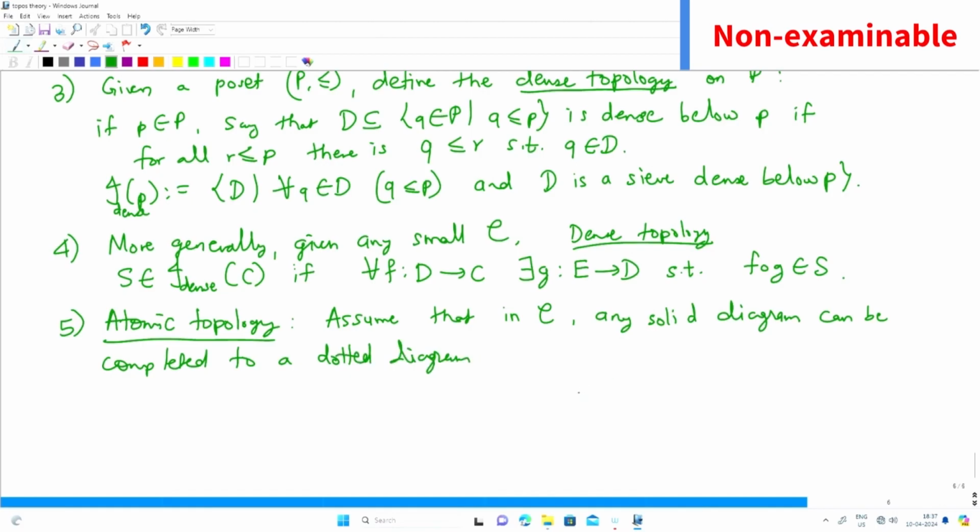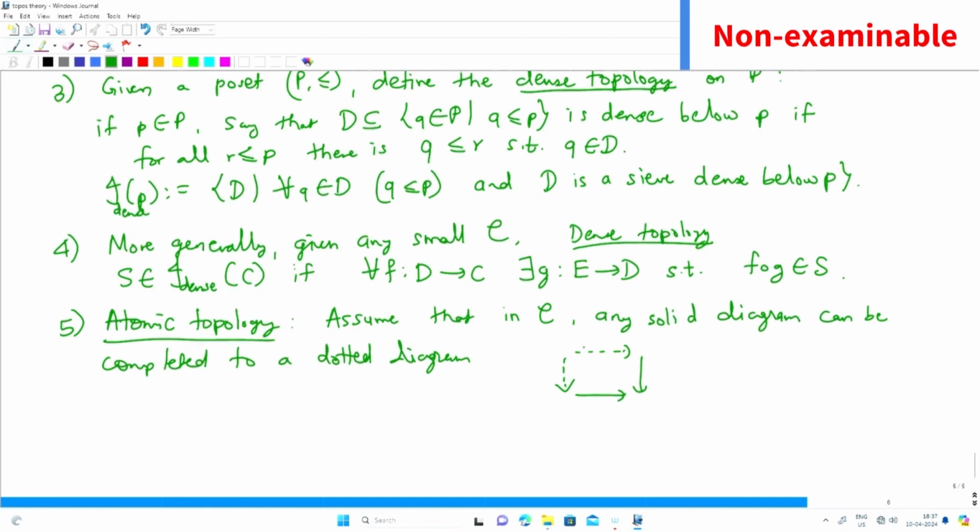What is the solid diagram? Like I'm given any arrow, any pair of arrows. So what I'm asking is that we should be able to complete it to a pullback-like diagram. There is a commutative square.